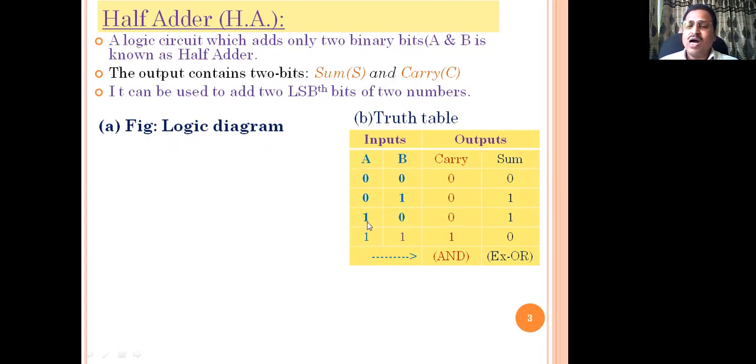Again, if you add 1 with 0, resultant sum is 1, no carry, means 0. But if you add 1 plus 1, the result is 1 0, in which 0 is at the sum position, 1 is at the carry position. These are the basic rules of addition of two binary bits that are well known to us.